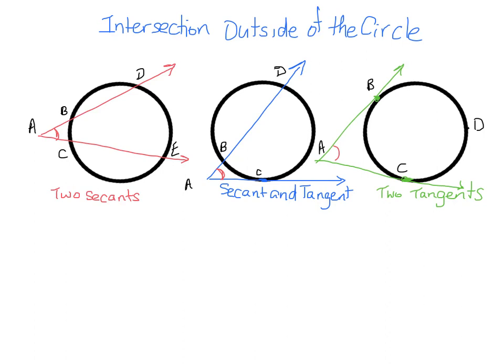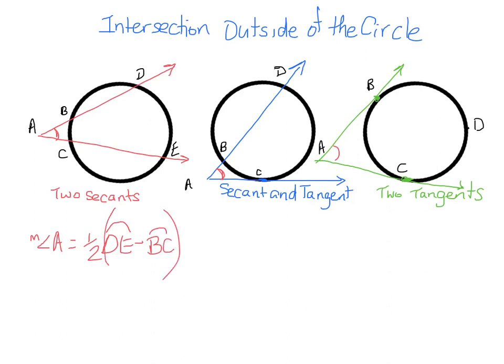So, for example, we're looking at the first case, angle A. This is an intercepted arc, and this is the other intercepted arc. In that case, the measure of angle A is equal to half of arc DE minus arc BC, and it's half of that entire expression.